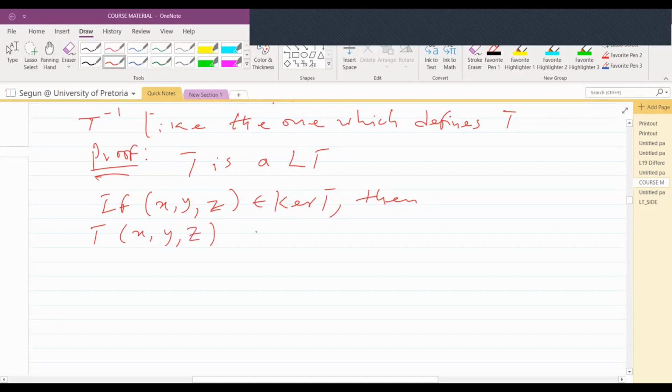We know the definition of the kernel of T, which equals (0, 0, 0).